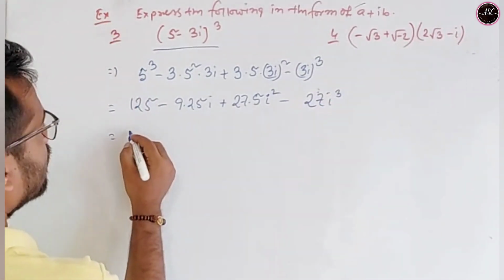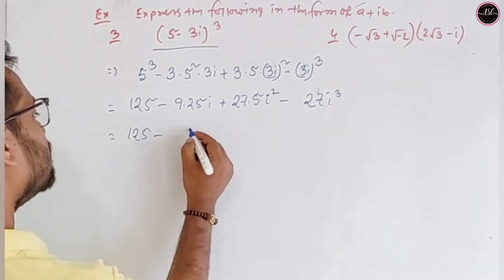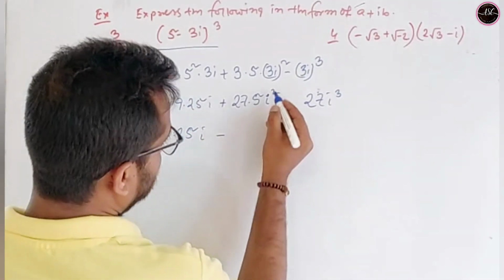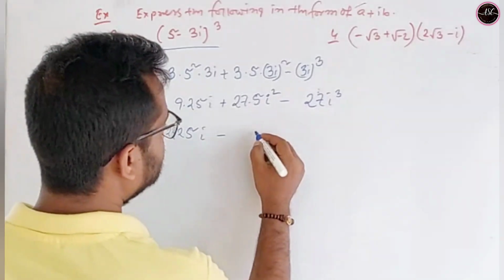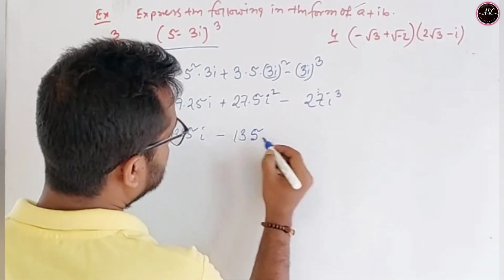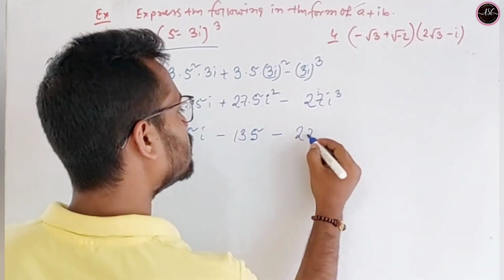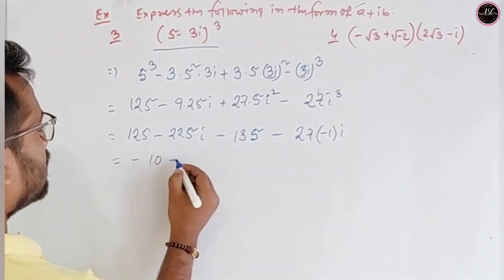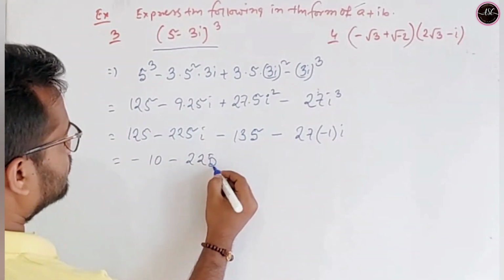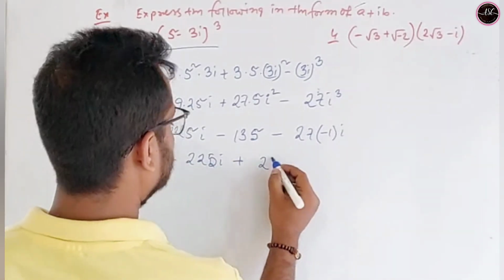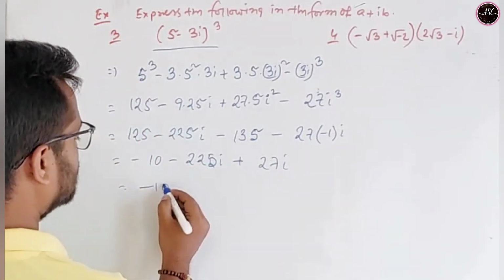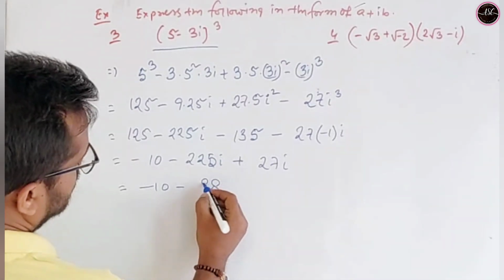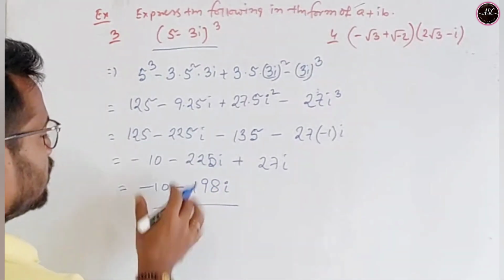So we have 125 minus i, as i square equals minus 1, so we have plus i. So this will be the answer.